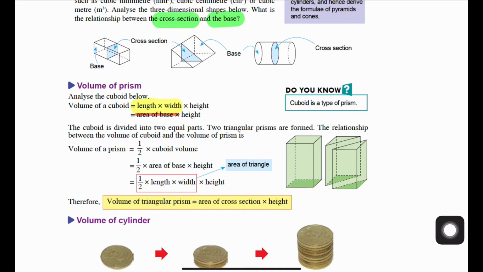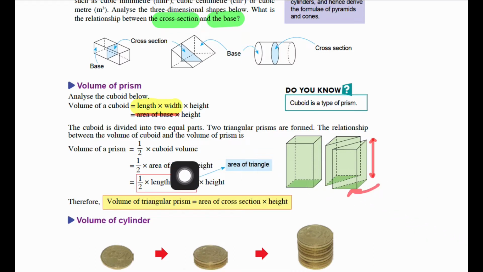It actually means 1/2 times length times width times height, where length and width give the area of the triangle.